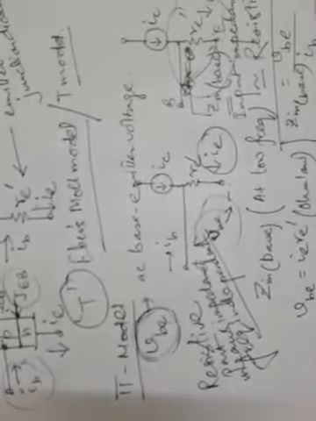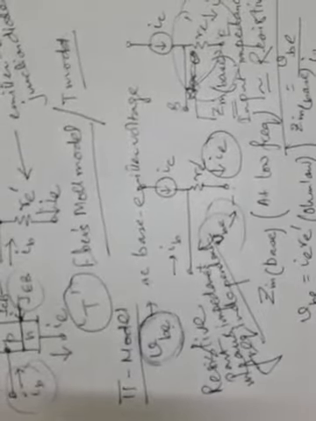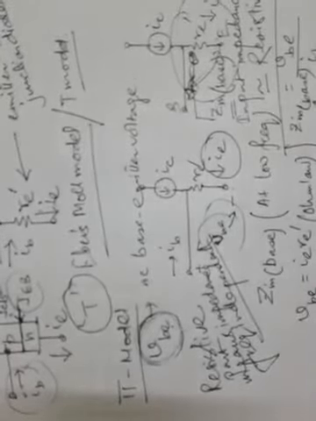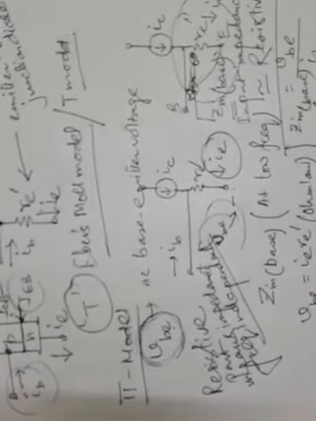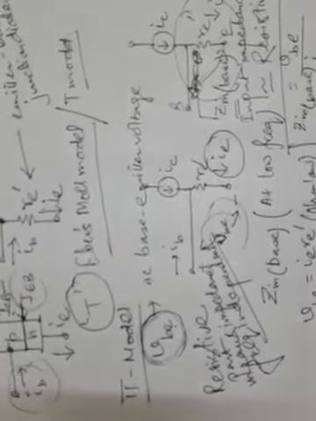So if we substitute this equation into the last equation, we get Z in base equal to IE RE dashed divided by IB.